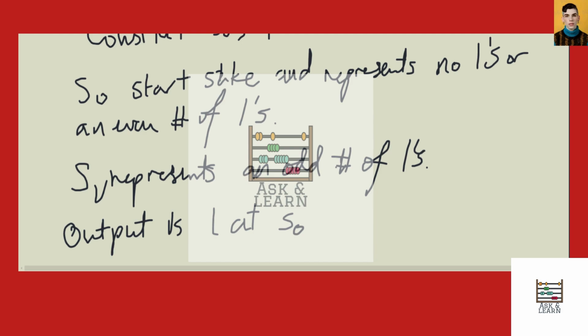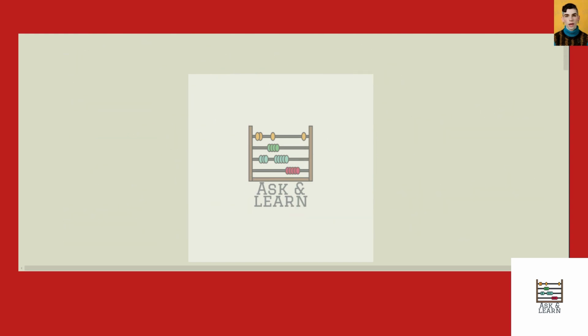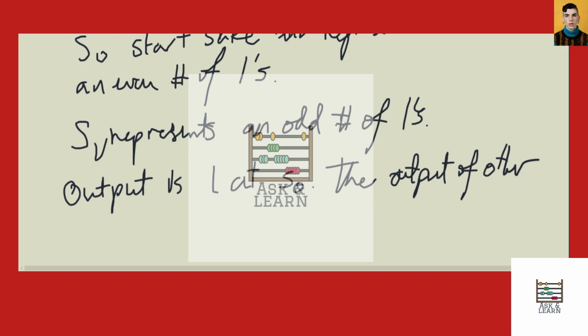The other states have output 0. In this case, the only other state, S1, has output 0, because we won't have an even number of ones.